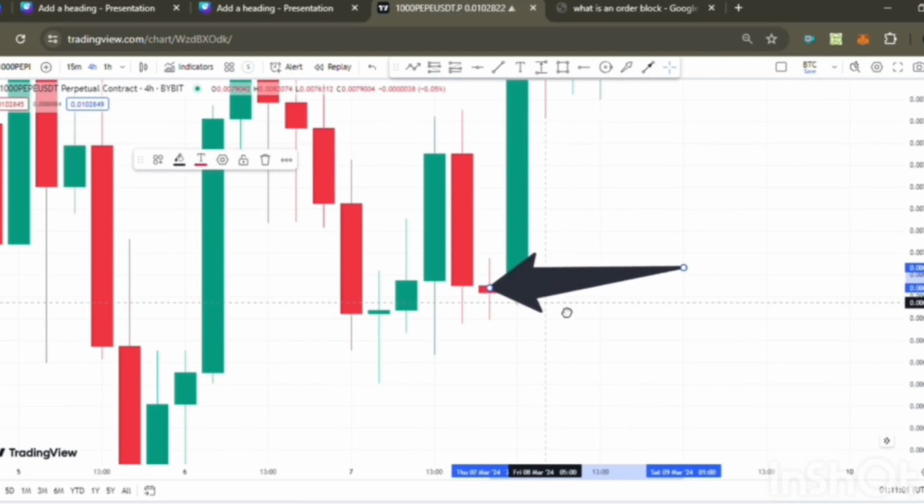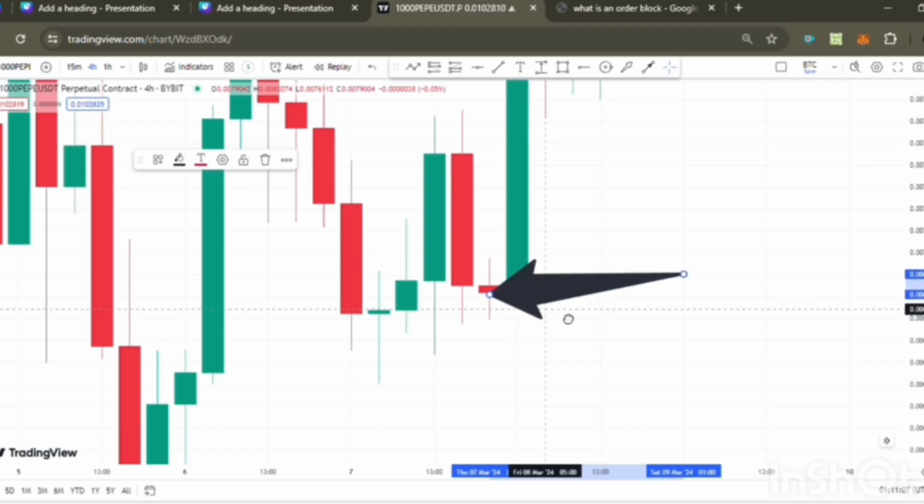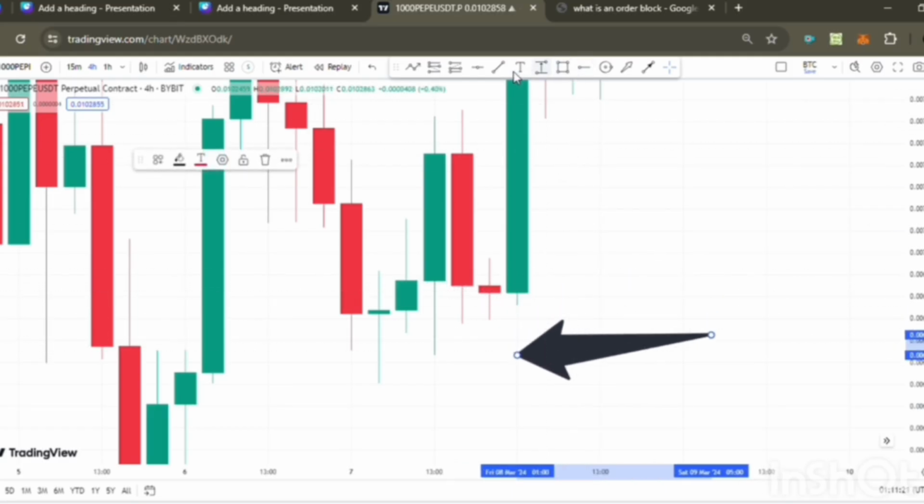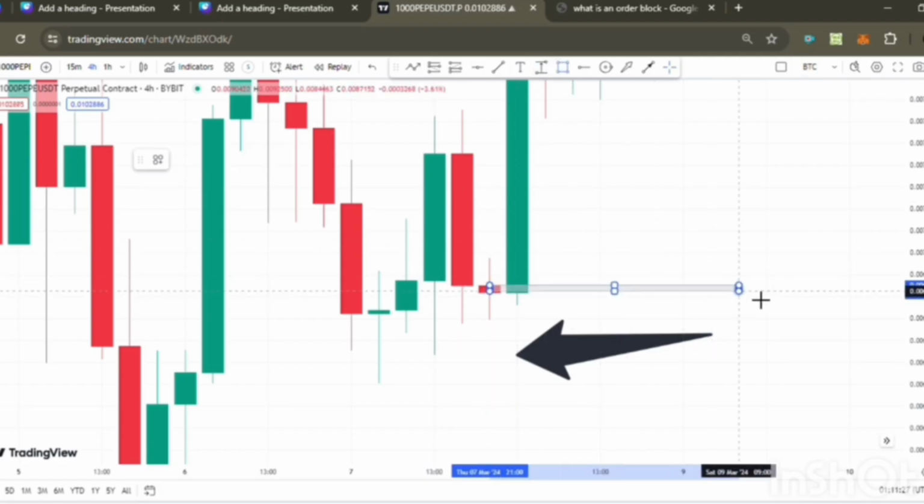So let's assume you have spotted your order block and you want to map out the order block to wait for a possible trading opportunity so that you can enter the market. Now, this body of the candle is where you will mark out. Either you use a rectangle to mark it out like this.